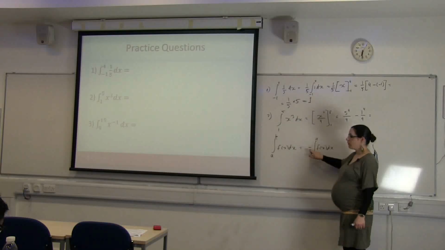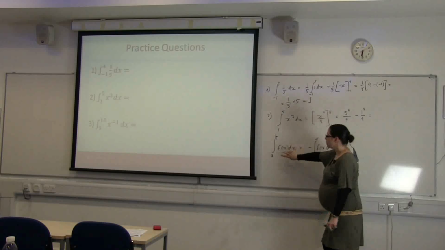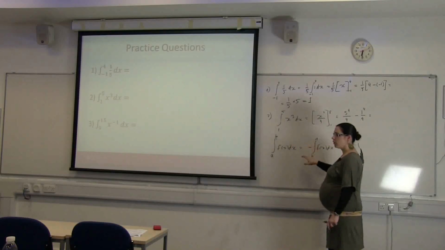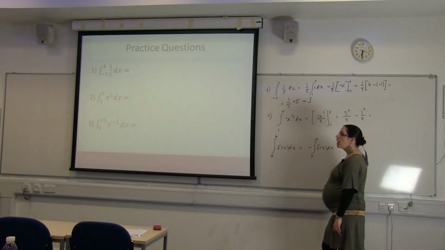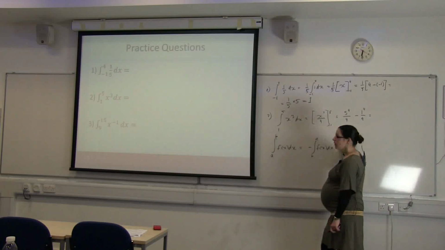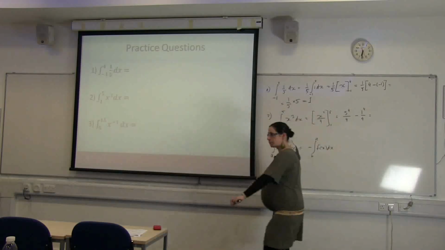Yes, so I need a negative in front. So you can do that, but by switching the limit, the whole integral gets a negative sign in front. So it just makes sense that the upper limit is always on top and the lower limit is always at the bottom. Otherwise, you have to reverse it using a negative.